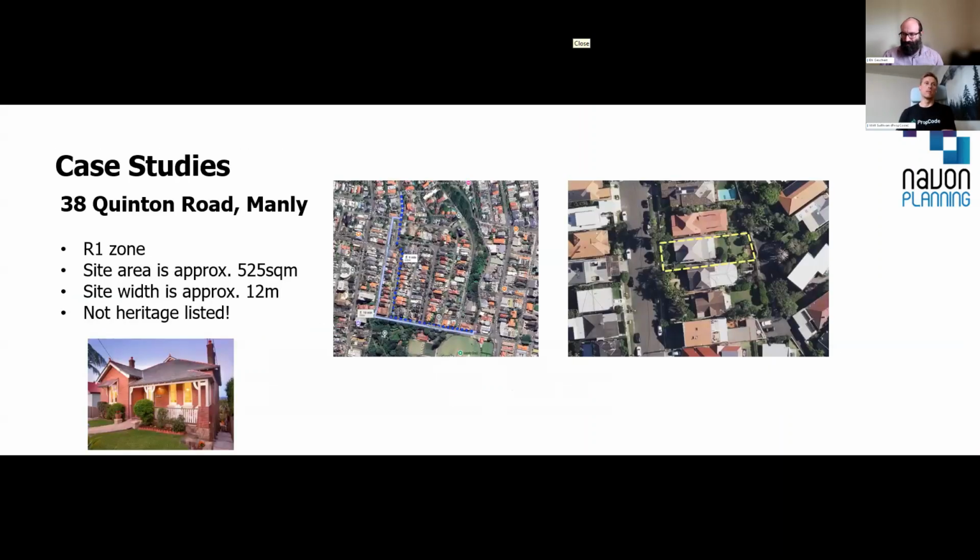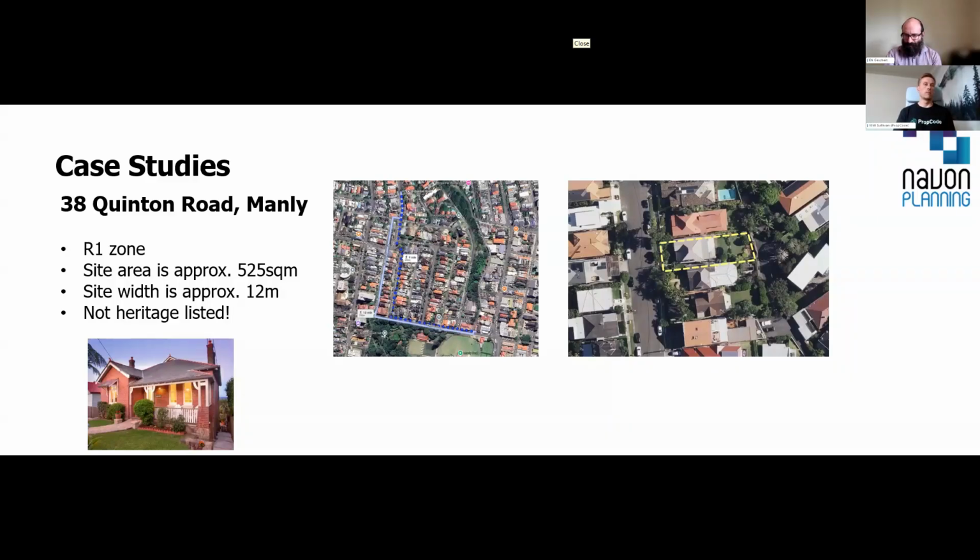And here are two case studies I'll just share with you that I shared a few weeks ago. So I randomly chose this property in Manly, 38 Quinton Road. It's zoned R1. You can see in the bottom left, it looks like a nice old heritage building, but thankfully it's not heritage listed, so that means yes, the LMR is switched on in this case.